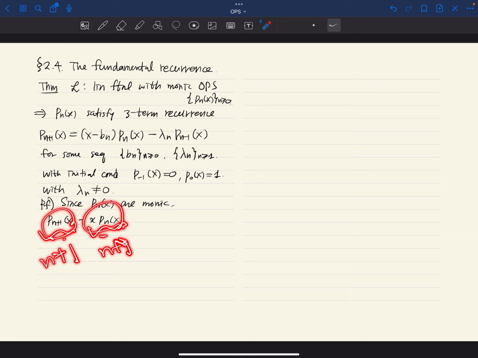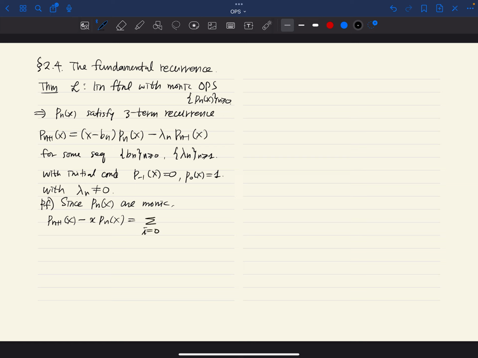So the degree will be less than n plus 1, so at most n. We can write this as a sum over i from 0 to n, a_i P_i(x), right? Because the degree is at most n.